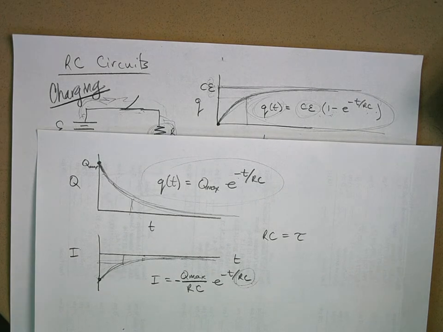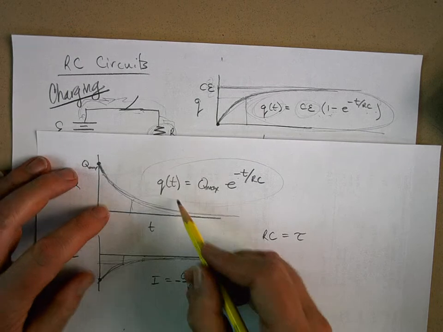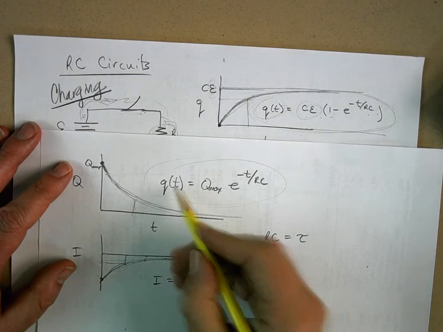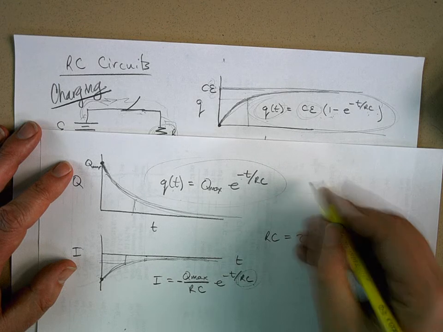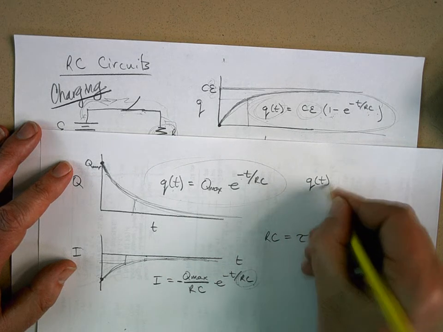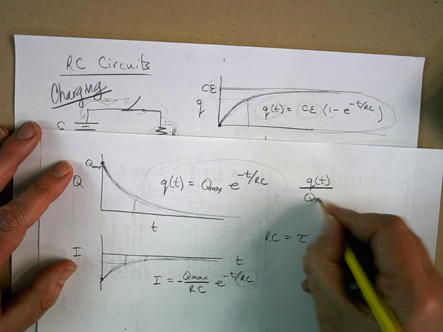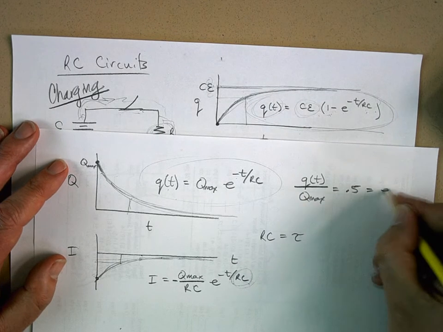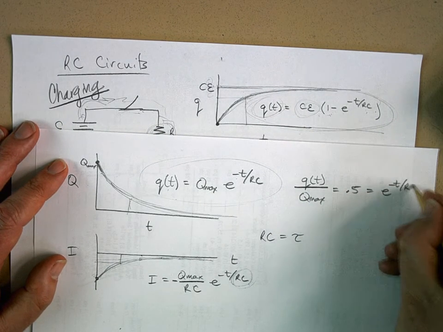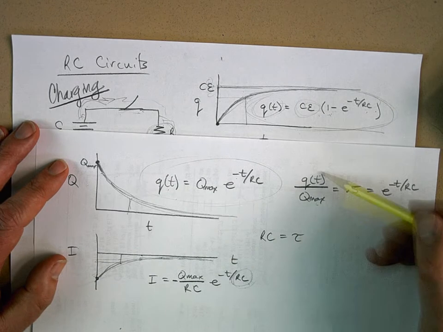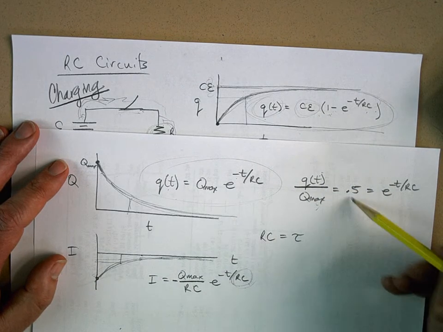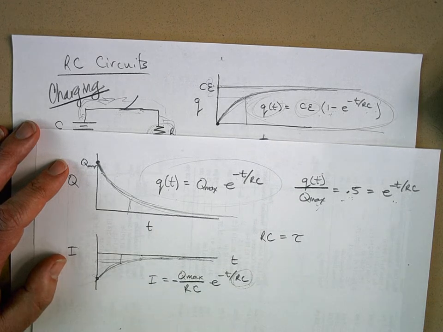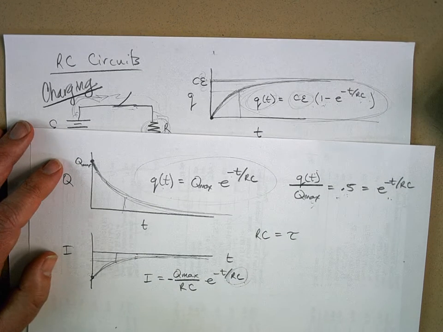Well, that means Q over Q max equals 0.5, which equals e to the negative t over RC. See, if you know the fraction of how much charge is left, express it like that. Now you can take the natural log of both sides and solve for time. Really not that difficult if you know what to do.